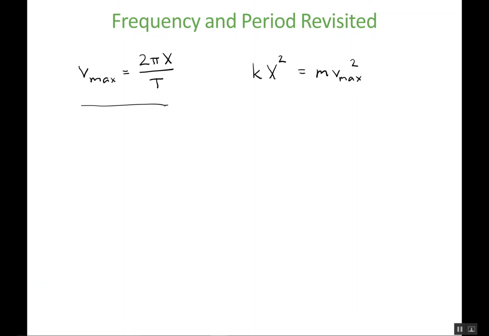And that allows us to write down this equation that says the maximum speed attained by an object undergoing simple harmonic motion, like a mass oscillating on a spring, is equal to 2 pi times the amplitude of that oscillation divided by the period.